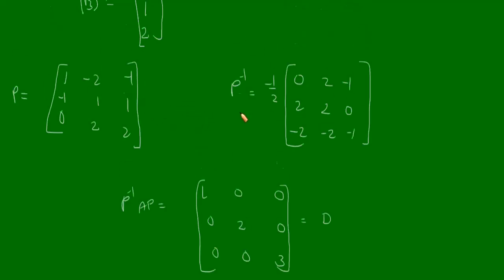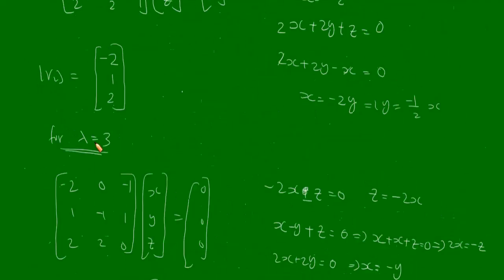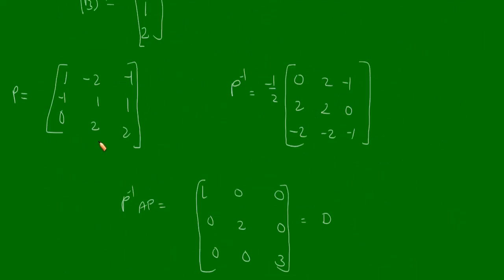And this is our diagonal matrix. Let us denote it by D. So first we have to find P inverse, then multiply P inverse with matrix A. And what is A? A is this matrix. So first we find P inverse into A, then multiply this product result by P. Then you will get this result.